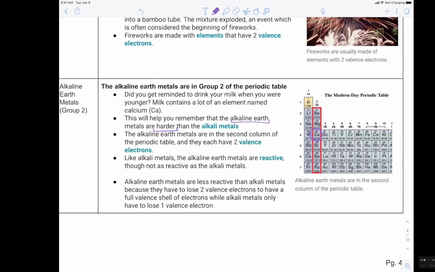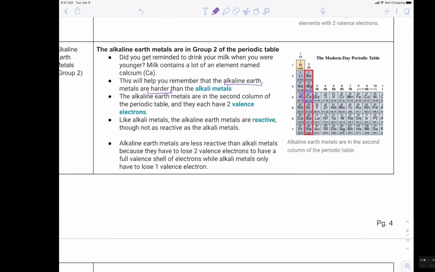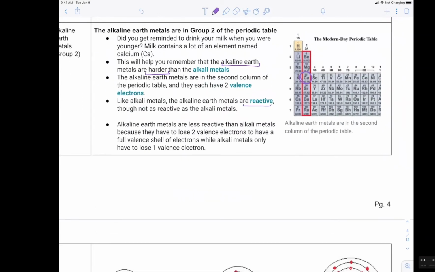So everything in the alkaline earth metals group will be a harder metal than the alkali metals. The most important thing is that they are reactive, but not as reactive as the alkali metals. They're still reactive, just not as reactive.